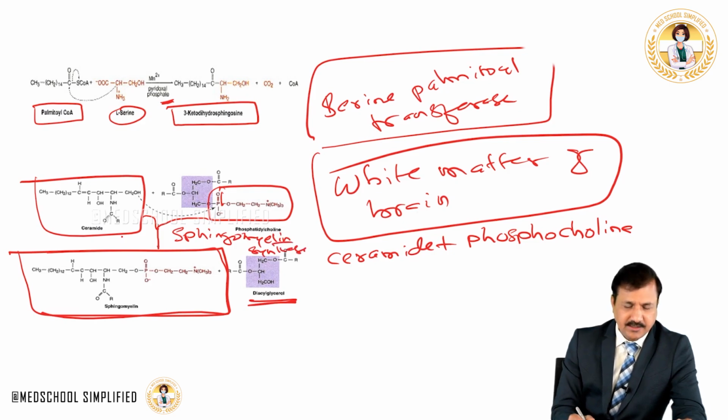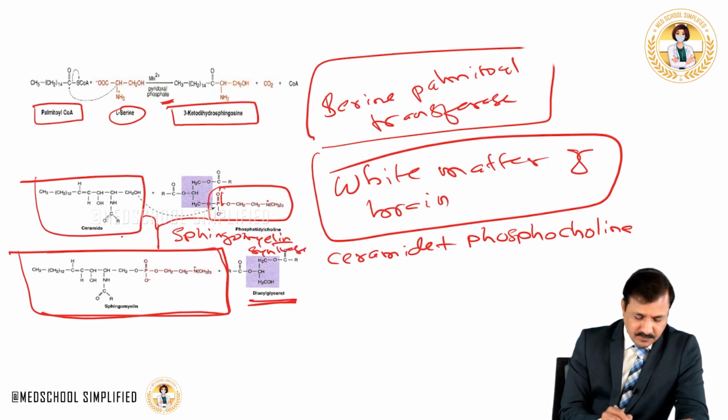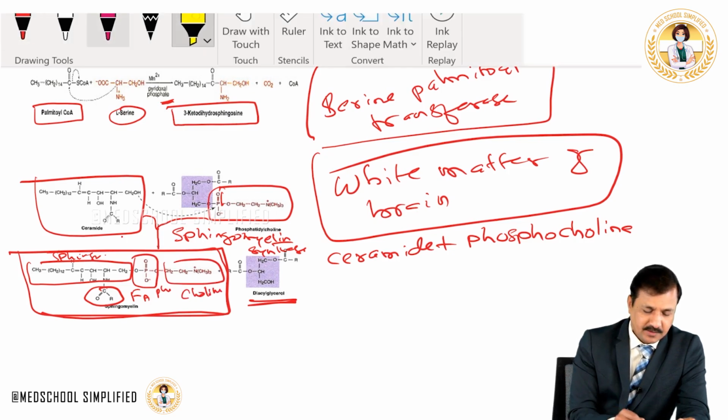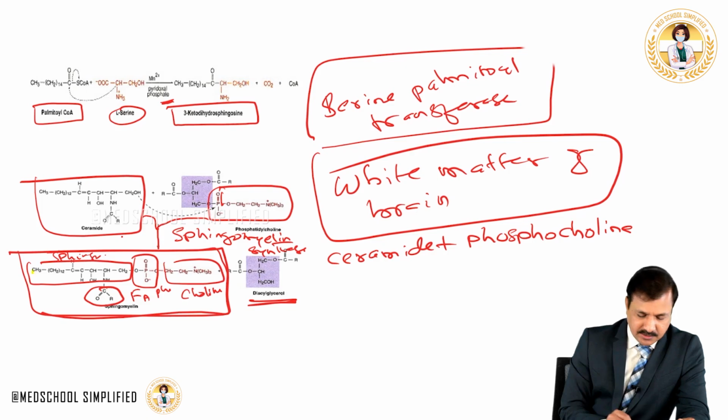Now, in sphingomyelin there is a fatty acid attached, there is a sphingosine alcohol, there is a phosphate, and also there is choline. These are the components of sphingomyelin. If you break it, this part here is sphingosine.